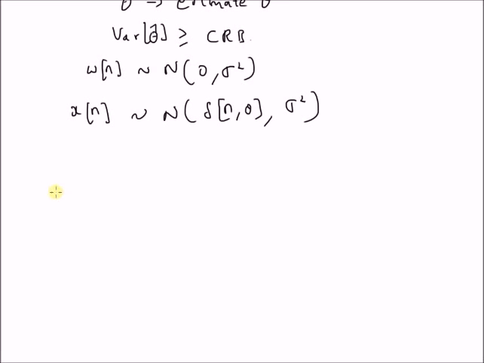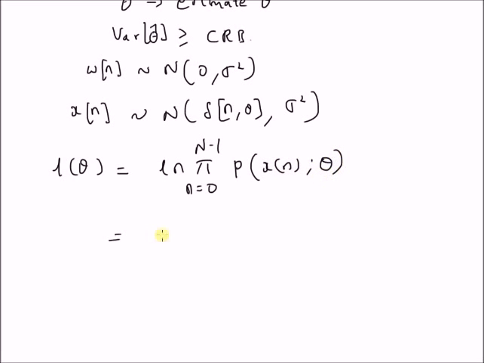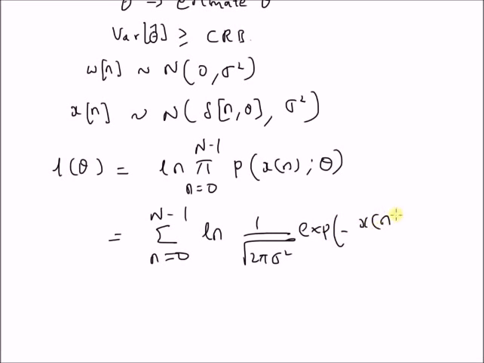So the log likelihood function in this case is L of theta is equal to logarithm of the product n equal to 0 to n minus 1 of the probability distribution of x of n with parameter theta, which is equal to summation n equal to 0 to n minus 1 logarithm of 1 by square root of 2 pi sigma square exponential of minus x of n minus s of n comma theta whole squared divided by 2 sigma square.